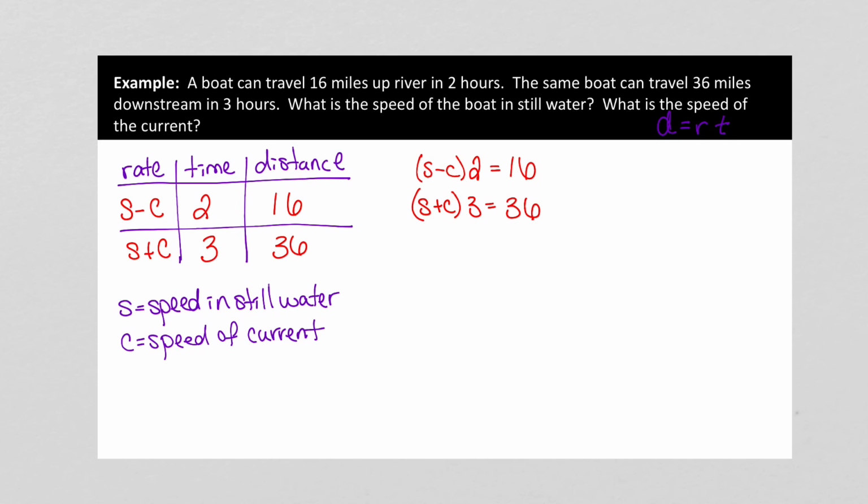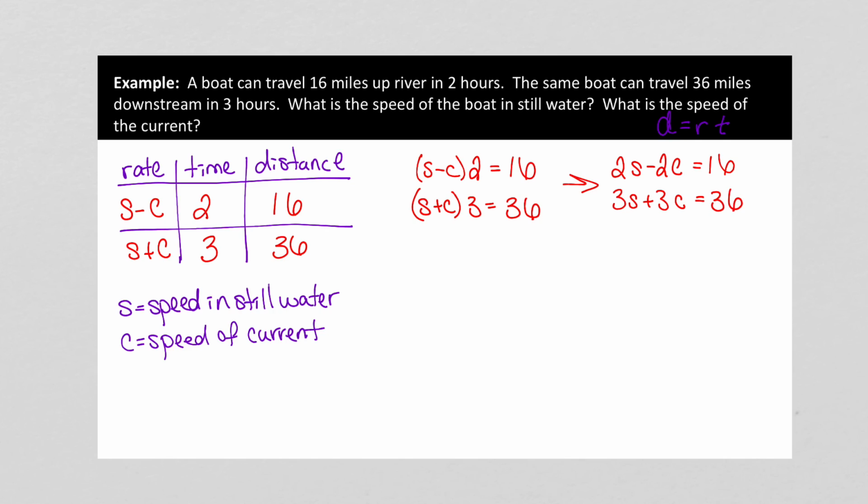Now we can distribute. So this would end up giving us 2S minus 2C equals 16, and 3S plus 3C equals 36.